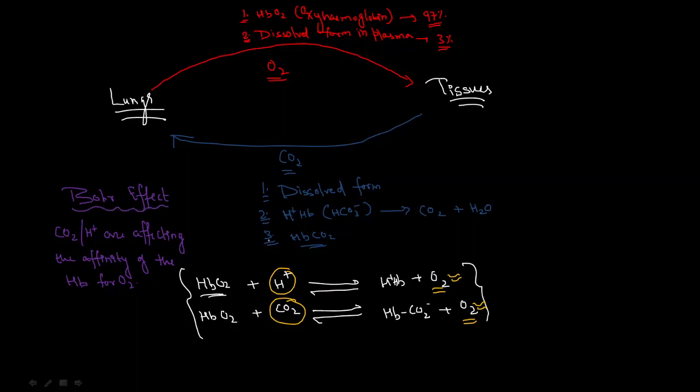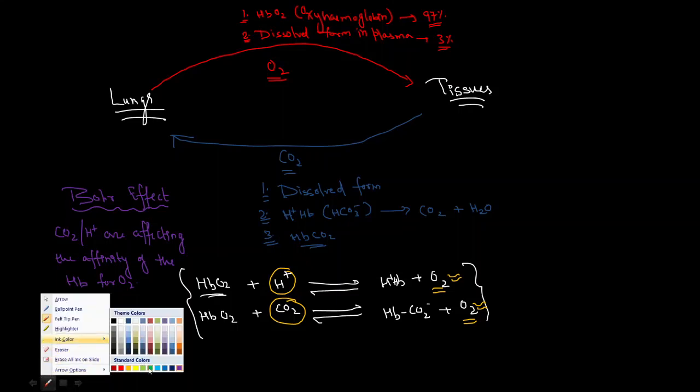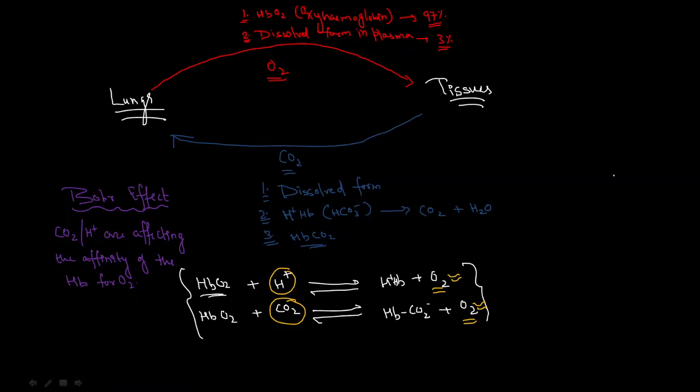Okay, now if the opposite happens, let's say in any area the oxygen is present in a high amount, then the presence of this oxygen is also going to affect things.